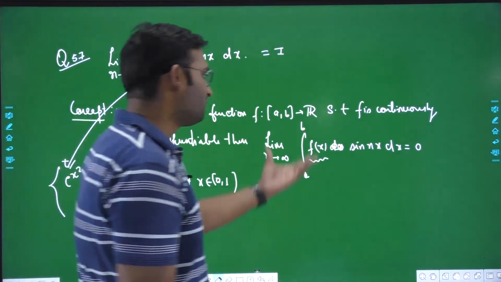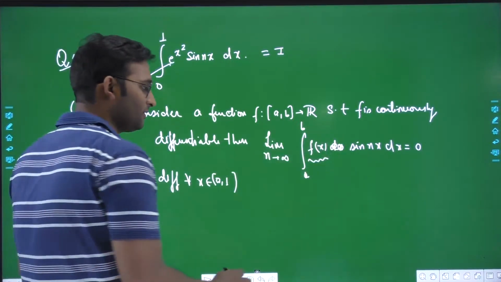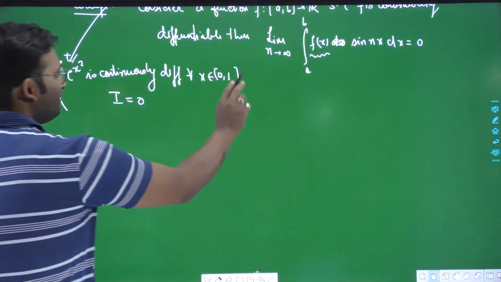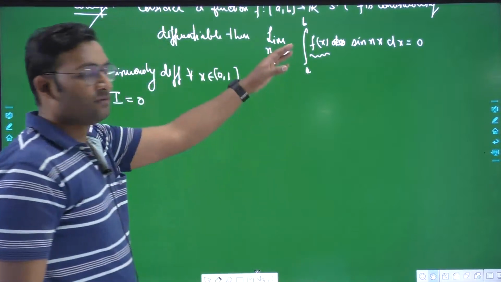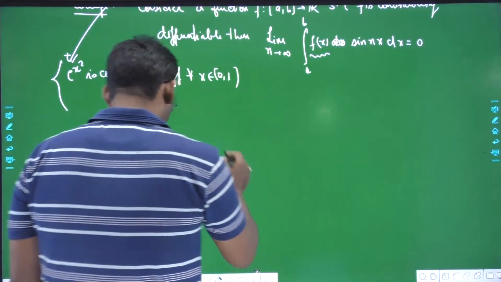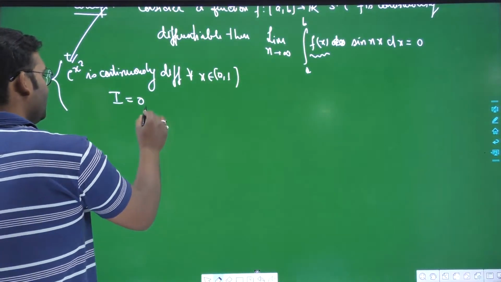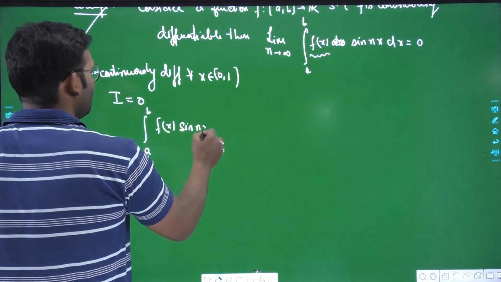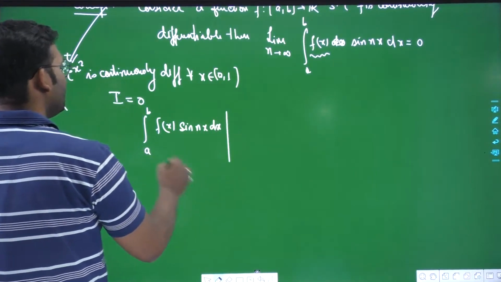Now you might be wondering what is this? So let us do this particular thing. The integral will be 0, and I'm just explaining to you why it should be 0. So if I'm supposed to find integral f of x into sine of nx into dx, let us take the modulus of it.